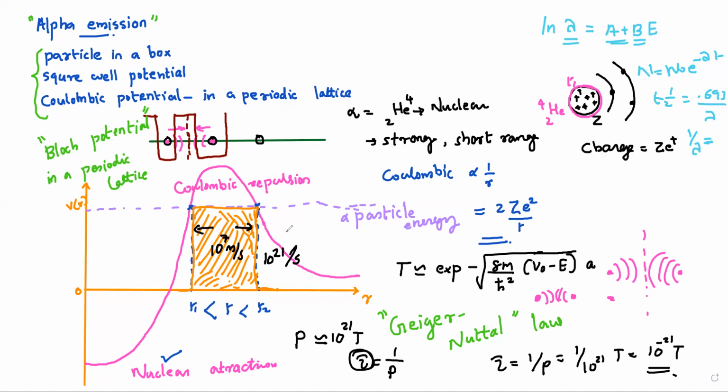And in this case, by considering quantum mechanically, the decay constant lambda is equal to 1 by tau, that is equal to 10 raised to 21 times the exponential decay of minus the square root of 8m by h square into V0 minus E, all raised to 1 by 2.